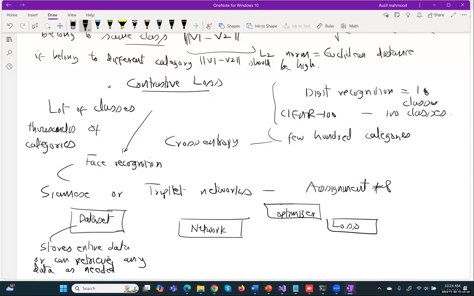Sometimes storing all the data, we may run out of memory, so we may leave it on the hard disk. We don't have to load the entire data in memory. As needed, we can go to our hard disk, read whatever is needed, and feed it to our network. Because the dataset is storing or is capable of retrieving any data, the way we set up in PyTorch is that we then associate with it what we call a data loader.